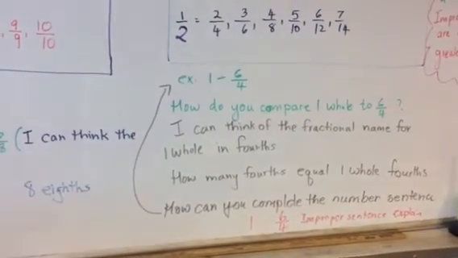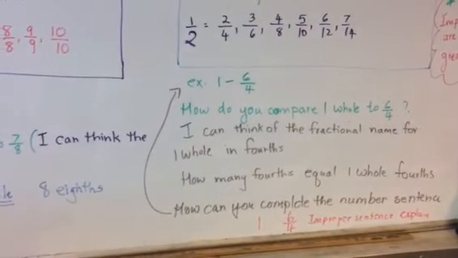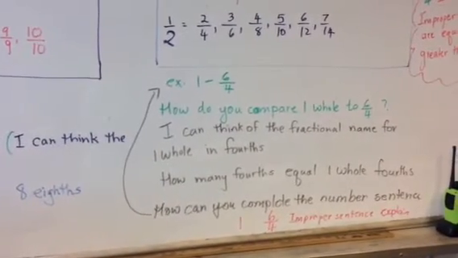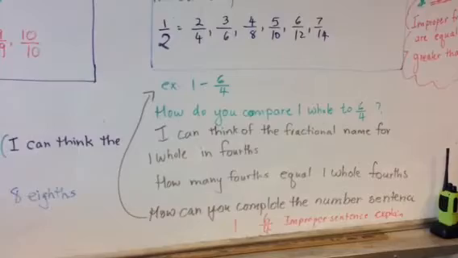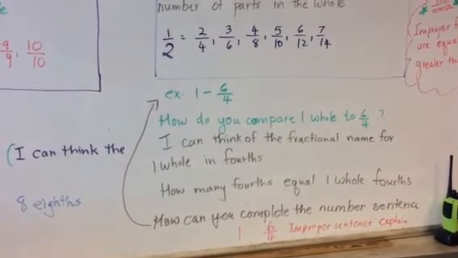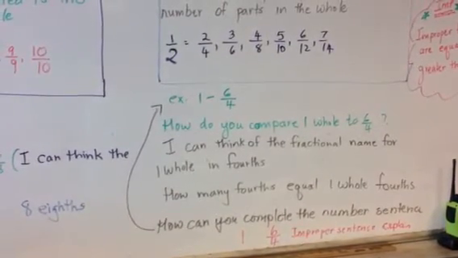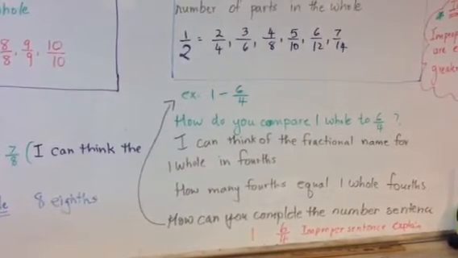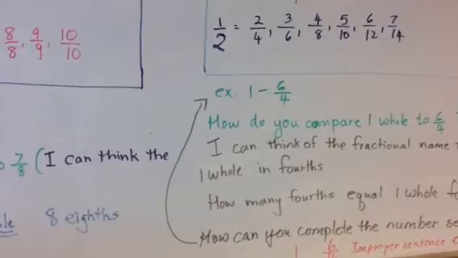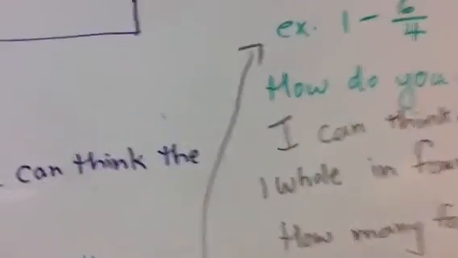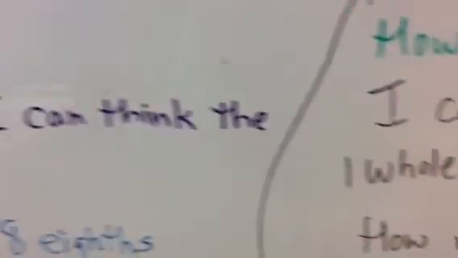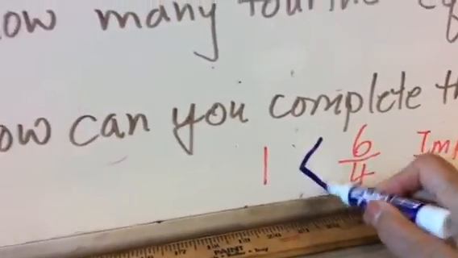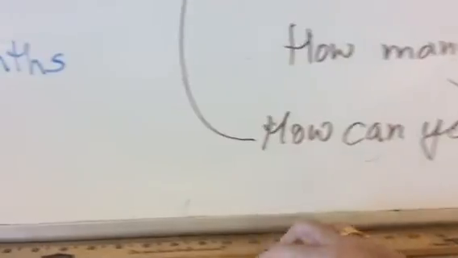That was purposely put there to make you realize that if something is divided into 4 parts and 6 is the numerator, it's bigger than the whole. That means it's an improper sentence. It should be the other way. 6/4 is bigger than 1. Okay, so I have to put that. 6/4 is bigger than 1.